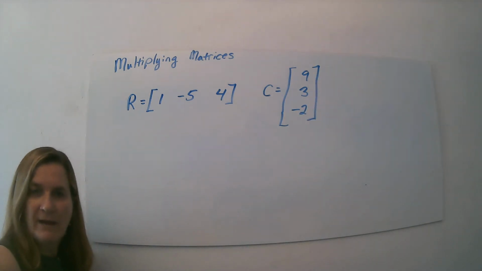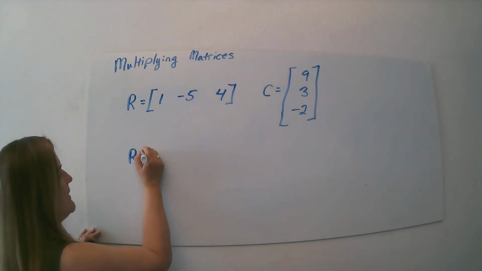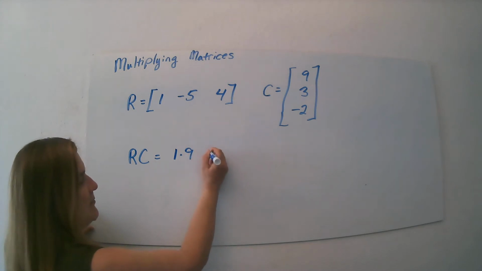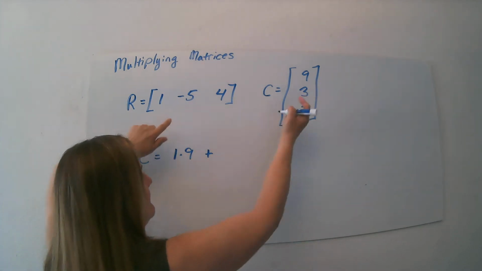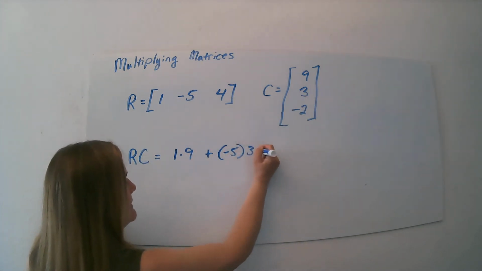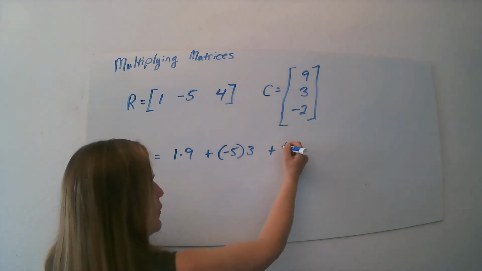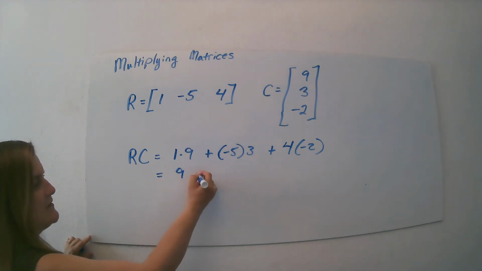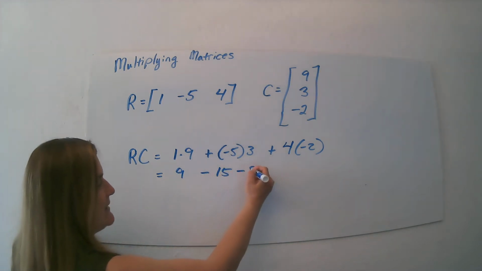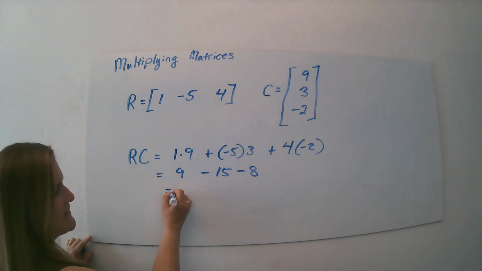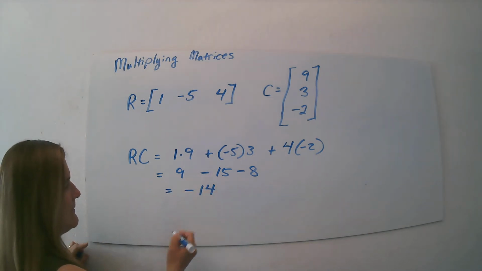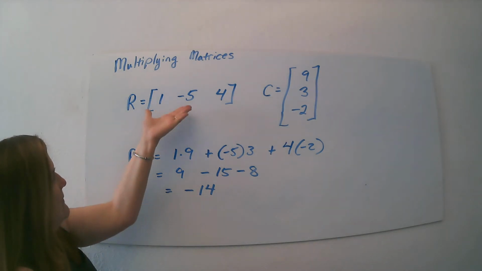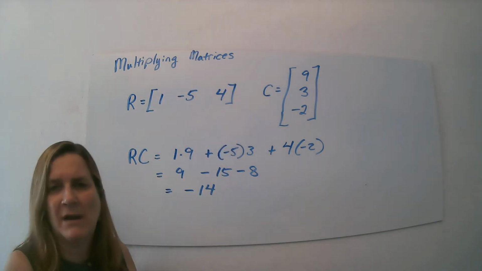So if we're going to do that calculation, R times C, we'll have 1 times 9 plus negative 5 times 3 plus 4 times negative 2. And now we just do the arithmetic and we have 9 minus 15 minus 8. And what is that, negative 14? And so we have a single number that is the product of this row matrix and that column matrix.